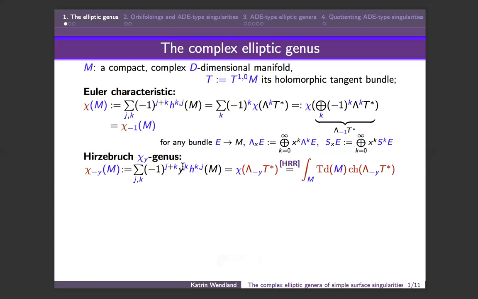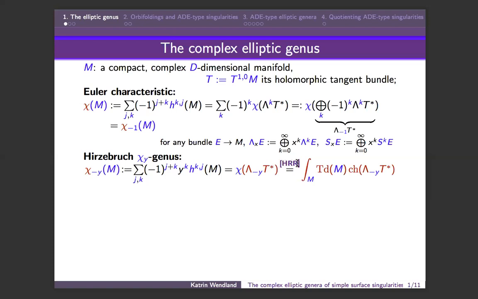And this refinement is almost classical already. It's known as the Hirzebruch chi_y genus. If you want to calculate these quantities, it's important that these Euler characteristics are actually indices of certain differential operators, of Dirac operators, and they allow to be calculated through an index theorem.